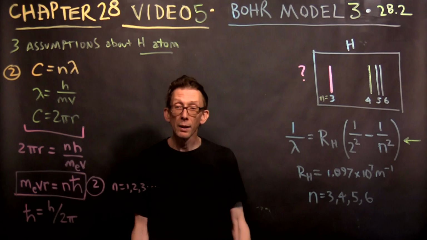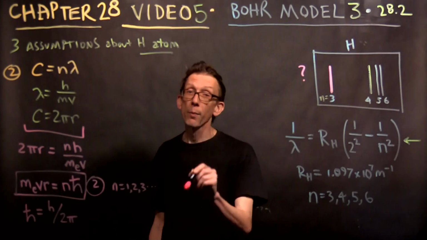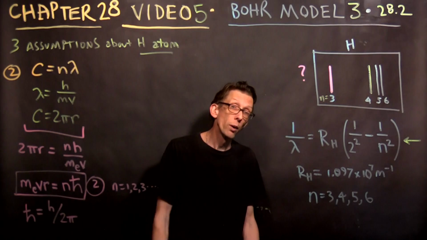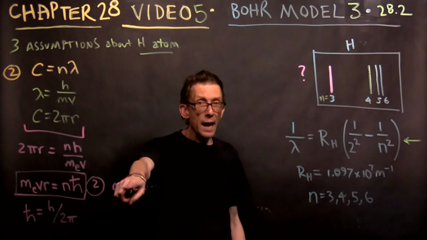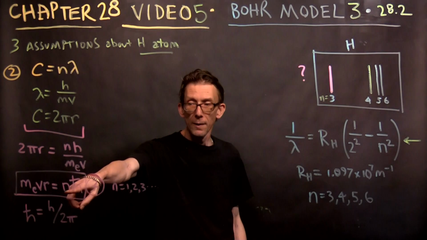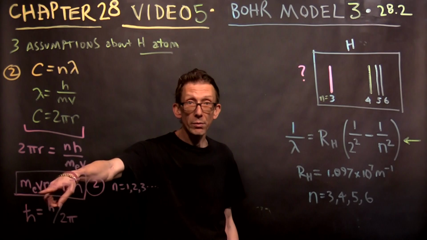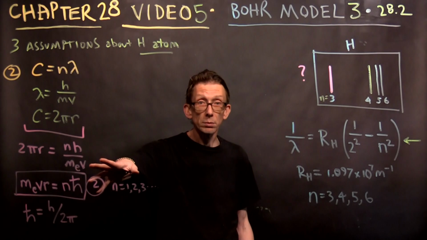It can't be pi. n only equals certain integer numbers. Actually, not even integers, counting numbers: 1, 2, 3, 4. Which means that if n can only have certain values, then m_e v r can only have certain values. Not all values are available.